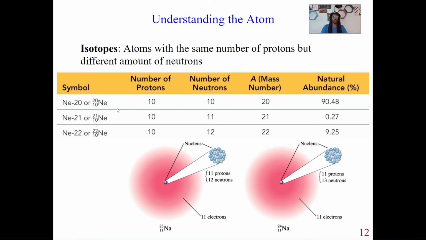So neon-20 is 90% naturally abundant. So of all of the neon in the world, 90% of neon is neon-20. If you ever find neon or if you're dealing with neon, it's probably going to be neon-20 because 90% of all the neon is neon-20.